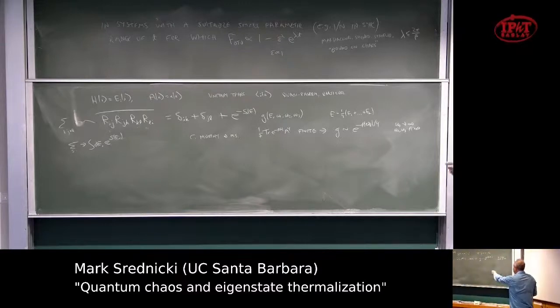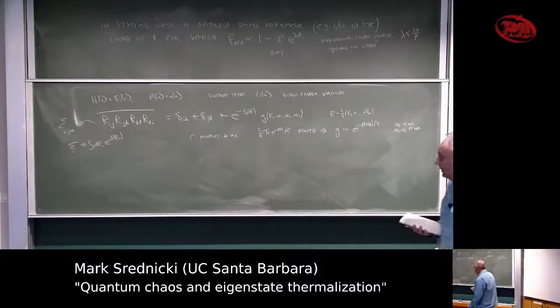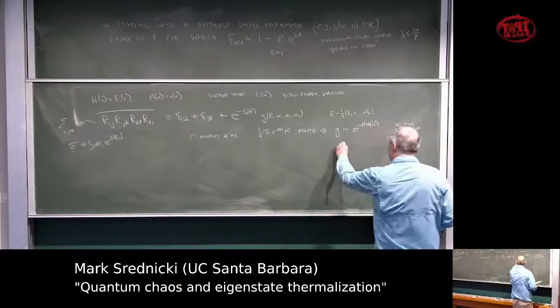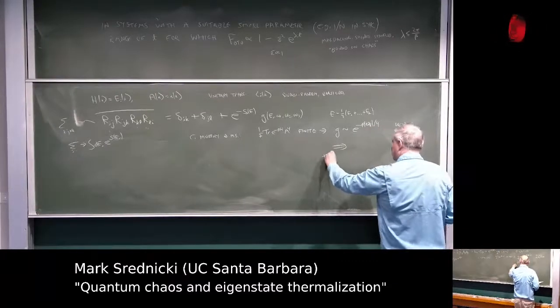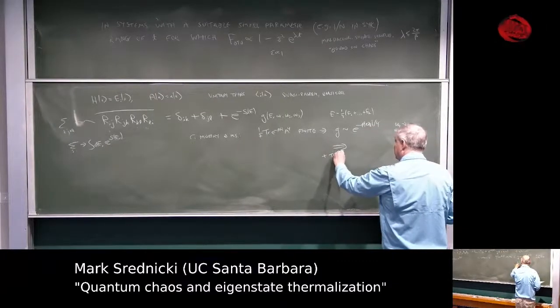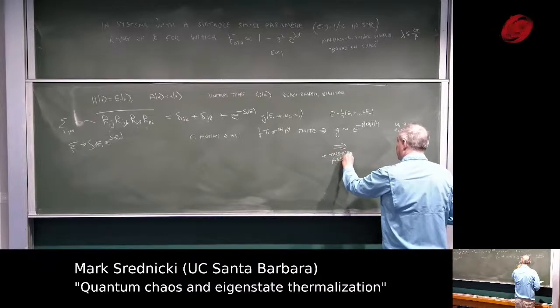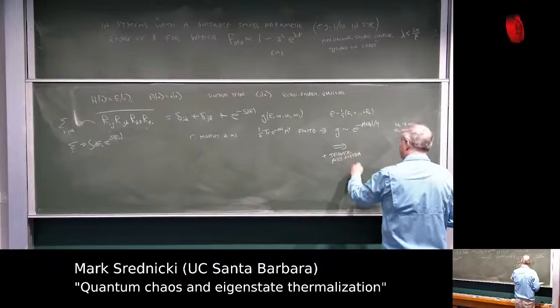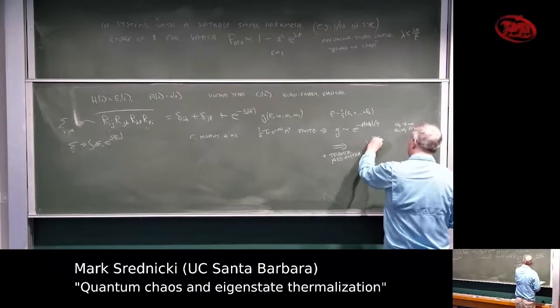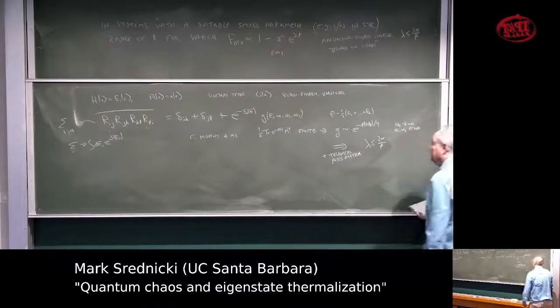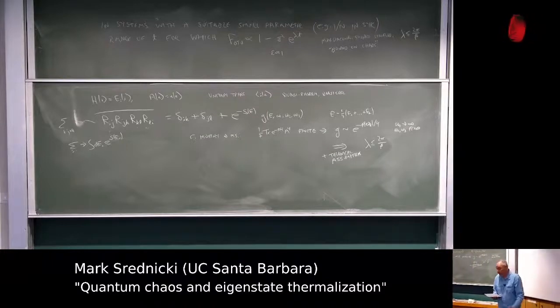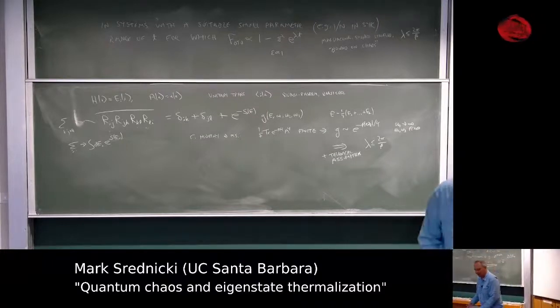Okay. And now this behavior of the g function, when we figure out how the g function enters the out-of-time order correlator, this plus a whole bunch of technical assumptions, which I don't want to go into because they are technical, allows us to reproduce the bound on lambda.